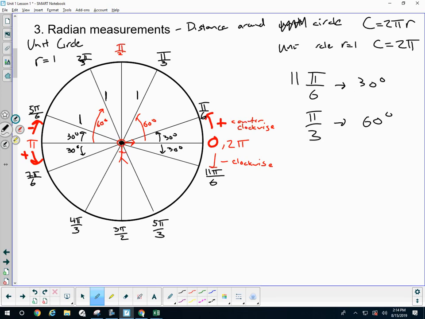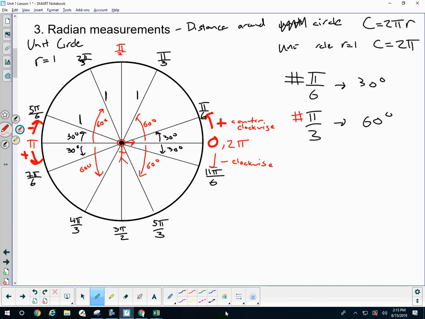I'm going to say any pi over 6 creates a 30-degree angle. It's not just these 2 pi over 3s. All of my pi over 3s create a 60-degree angle with my x-axis. So any pi over 3 gives me a 60-degree angle.